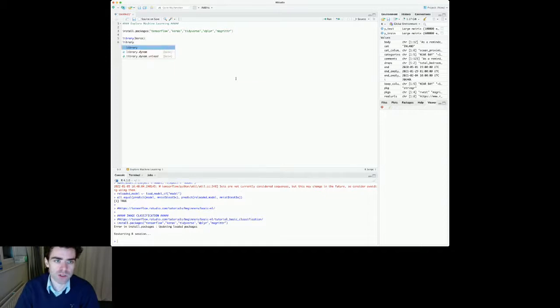I'm not sure if there's a way to list libraries. Maybe you can do it like this. Keras, TensorFlow, Tidyverse, Dplyr, Magrittr. Oh, it's restarting the session. It's still restarting the session.